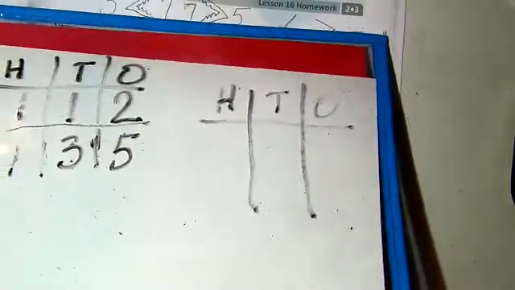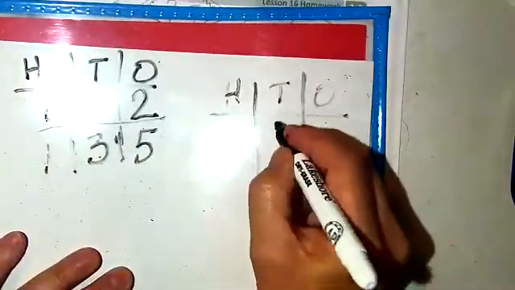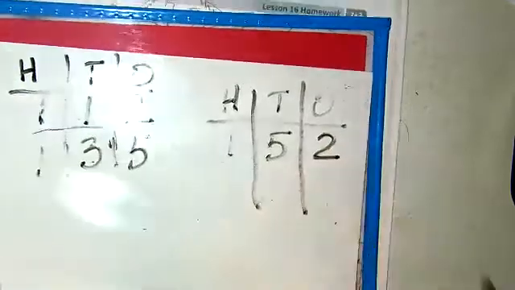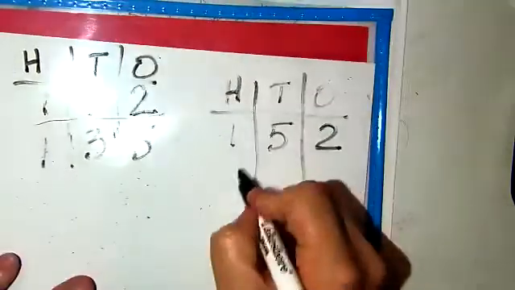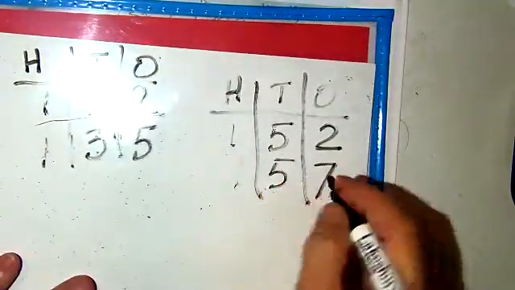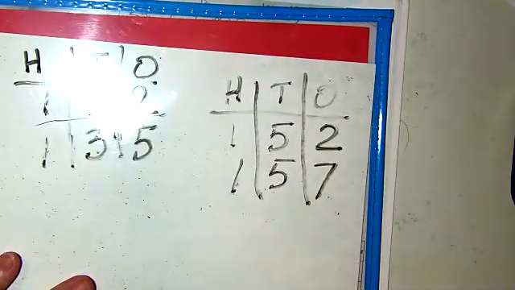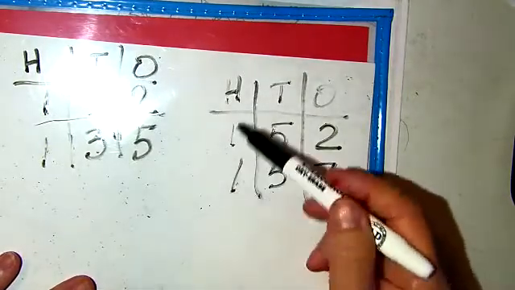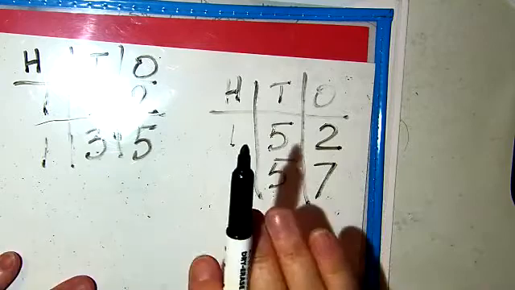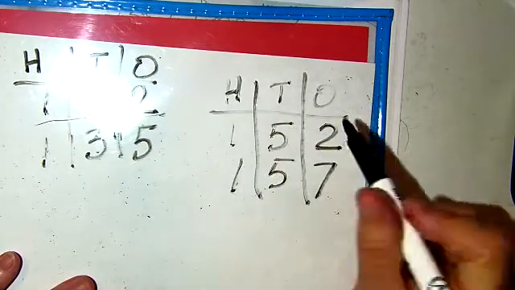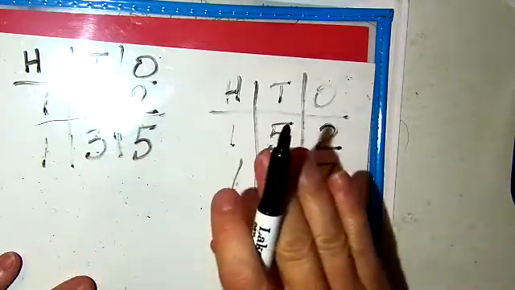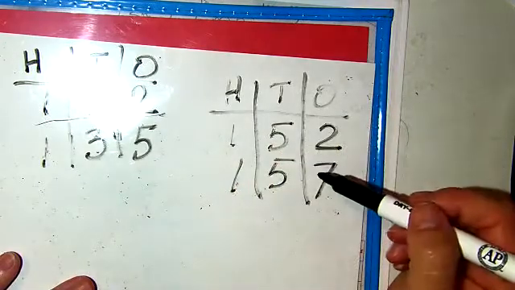We have 1, 5, 2, and 1, 5, 7. My marker's starting to die here. So we look at the hundreds, the same. We look at the tens, the same. So maybe this number is equal.